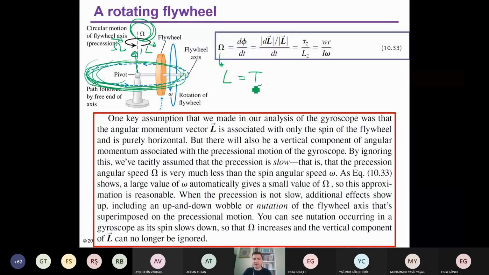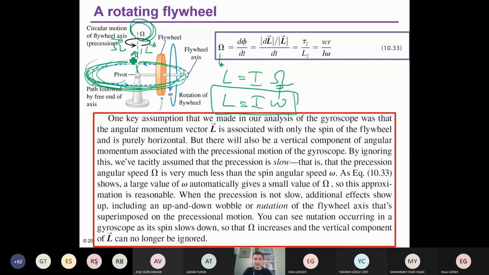We have done this one. Here, instead of omega, I have another symbol of omega. So we have another component of angular momentum. We did not discuss this one within these calculations.